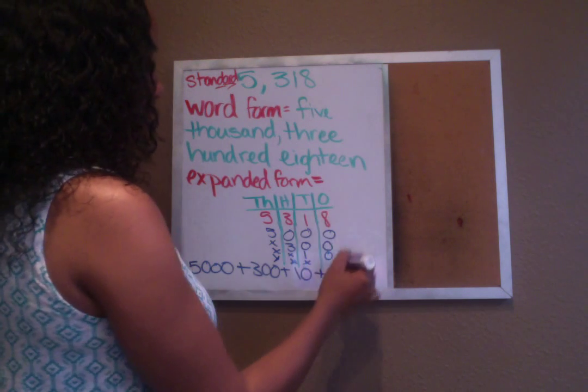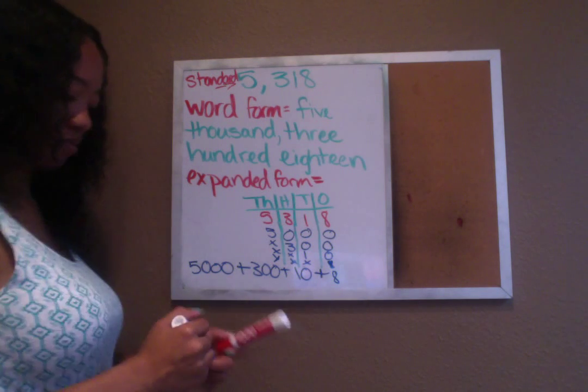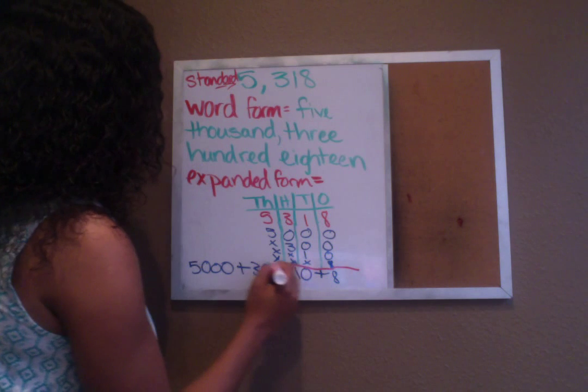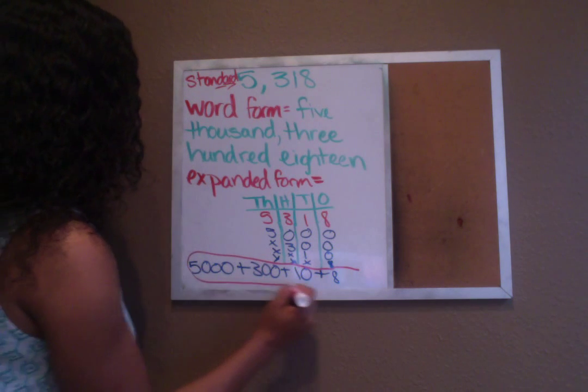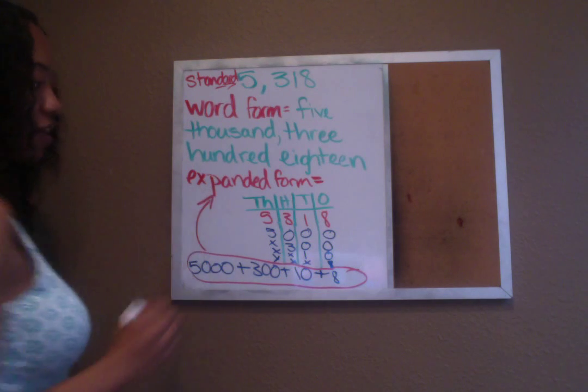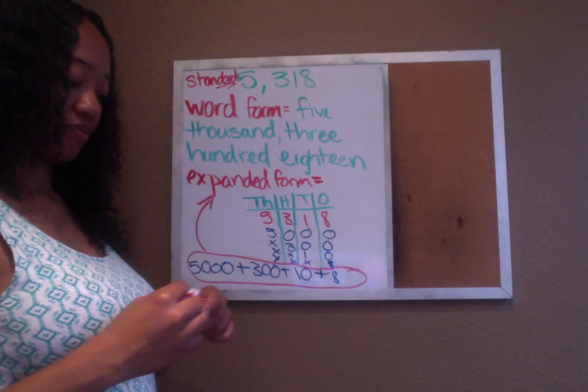All you're left with is 8 ones. Bring your 8 down here. And this right here, when I'm looking at it like an addition problem, you have written this number, 5,318, in expanded form.